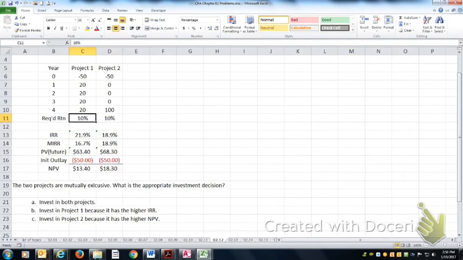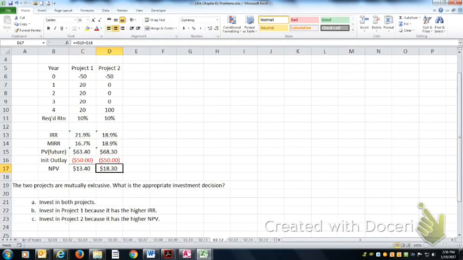The mathematics behind IRR assumes that you reinvest at the IRR itself. So without getting too deep into the mathematics, the modified IRR gets around some of those problems that we see where we have a higher IRR but a lower net present value when comparing two mutually exclusive projects.